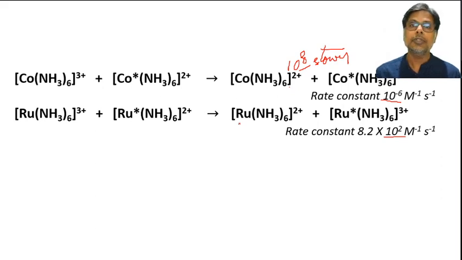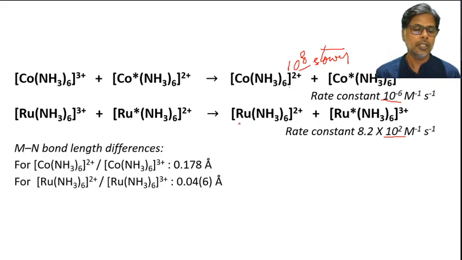If you take note of the bond lengths in the case of the cobalt couple and the ruthenium couple, you will see that the difference in the bond lengths in the cobalt couple is much larger than in the ruthenium couple.